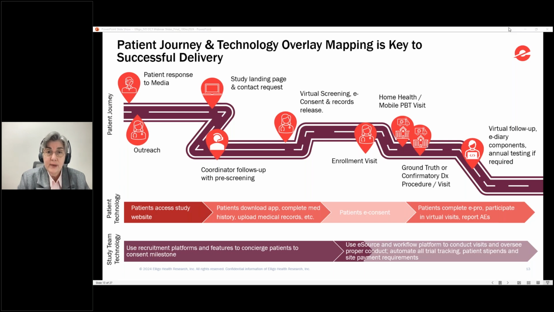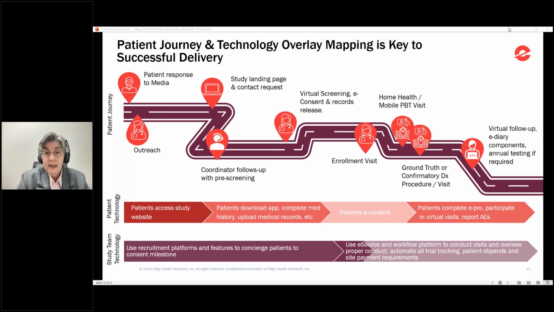It's important to make sure that you are in this IVD space, multi-cancer early detection, that you have a lot of really robust conversations with the sponsor about what they want. For instance, at the beginning, when they're doing the eligibility determination, do they want us to go by patient report? And if that's the case, you can combine that screening enrollment visit all into one.